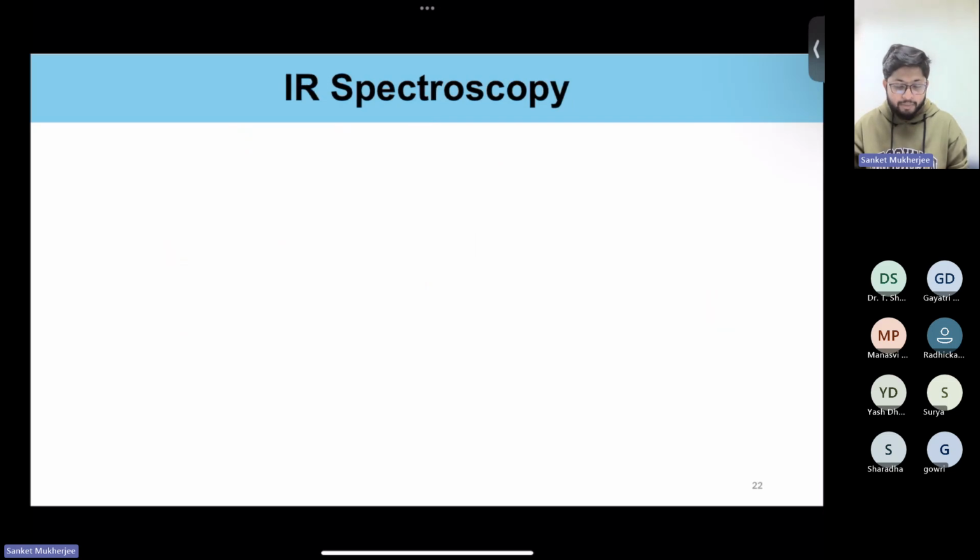circular dichroism spectroscopy. Another form of spectroscopy is IR, infrared spectroscopy, where it again utilizes peptide bonds for the secondary structure determination.